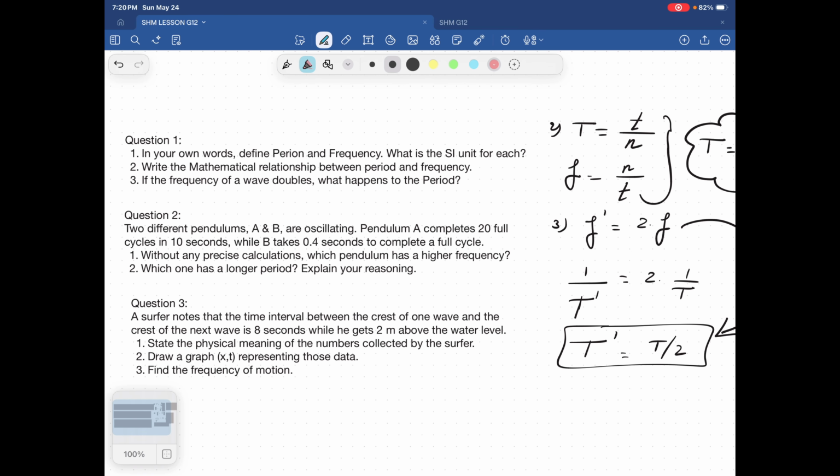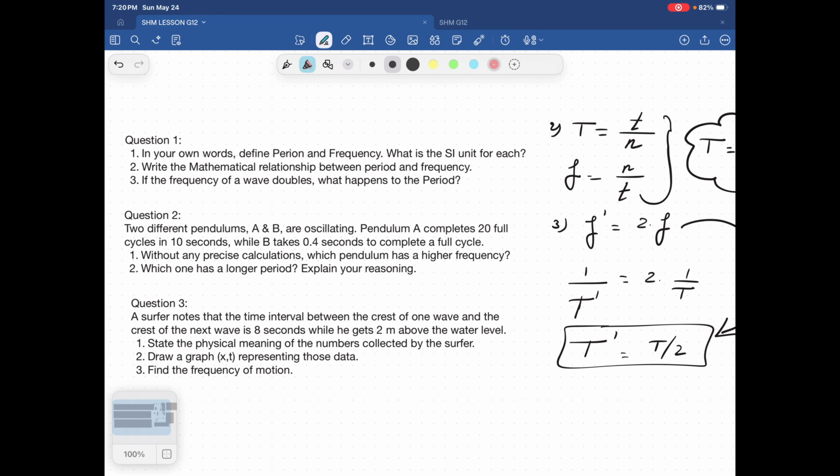And so we have certain waves, and the time it takes for the crest of the wave to pass the same point twice is 8 seconds. From here to here, the time is 8 seconds, which marks a full oscillation from crest to crest. And the maximum distance above the water is 2 meters.